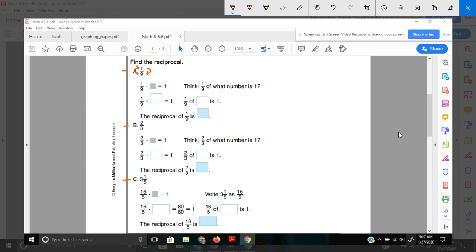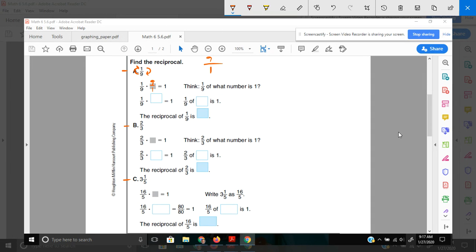So I'm going to make my original numerator my new denominator. So I'm going to put 1 on the bottom. I'm going to put 9, my original denominator, as the numerator. 9 over 1. Because if you think about it, 1/9 times 9 over 1 gives you 1.